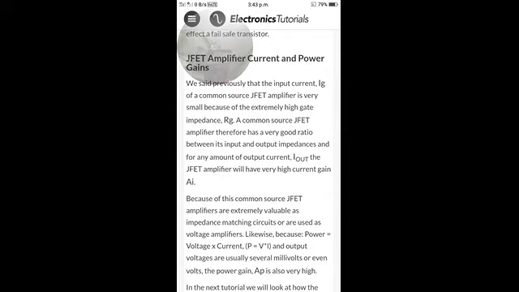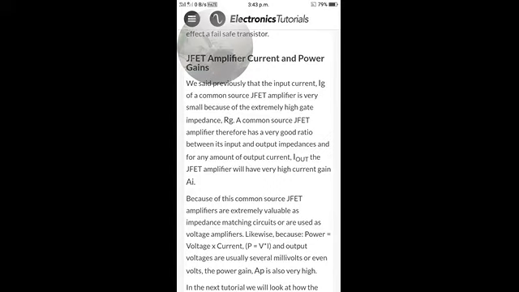A voltage amplifier should have high input impedance. So this property of high input impedance is used for impedance matching circuits, and also in voltage amplifiers.